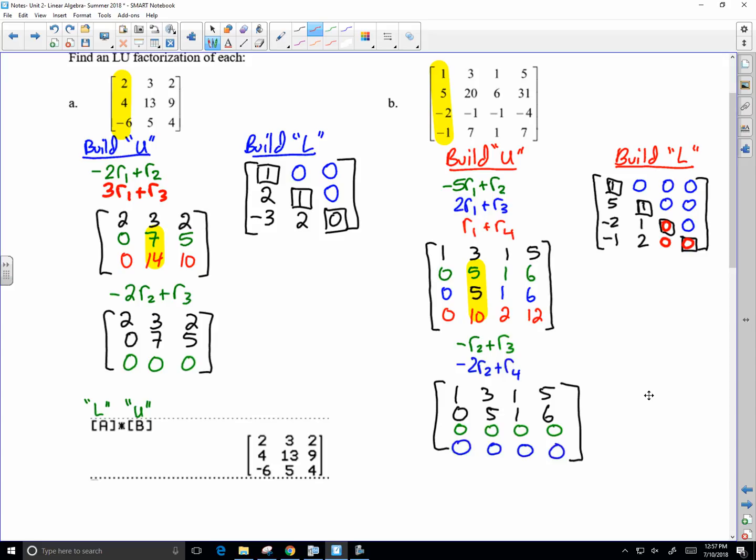Because there's nothing else to do. No pivot values, so zeros along those diagonals. And then that's it. Okay, so we have our L and we have our U, and then we call it a day.